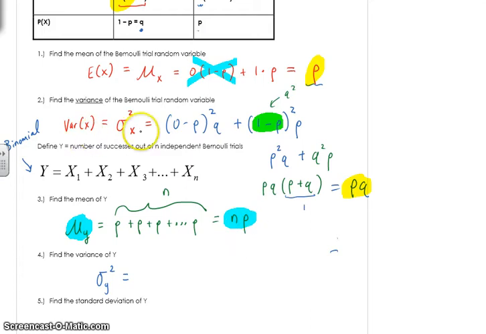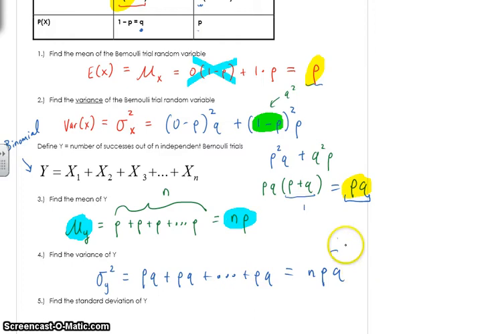Because we know the variance of one trial, and we're doing the variance of the sum of a bunch of trials, they're all independent, and so we know that we add the variances. So the variance would be, here's the variance of one trial, PQ plus PQ plus, we do this n times. So this gives us nPQ, or nP times 1 minus P.